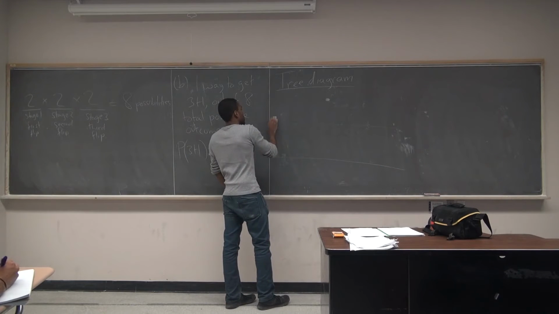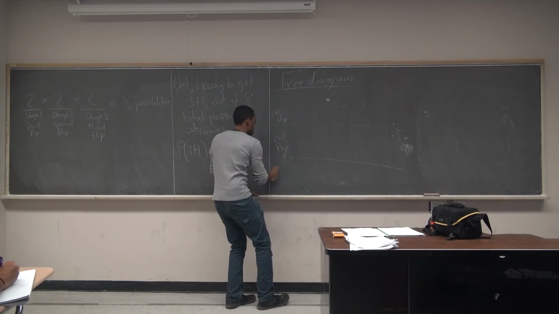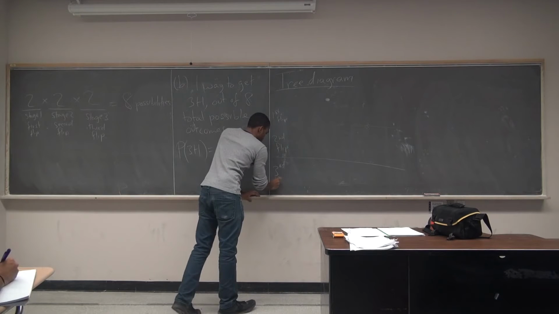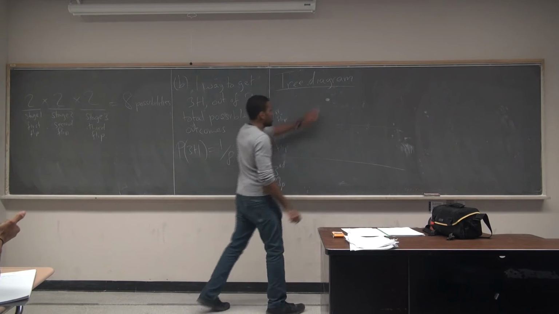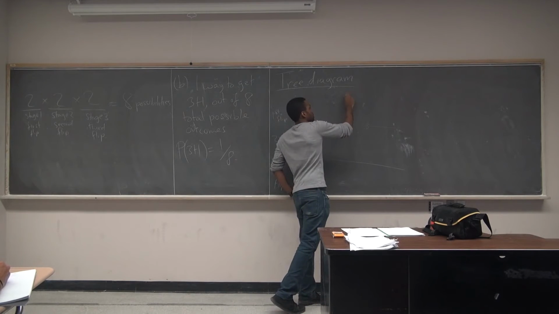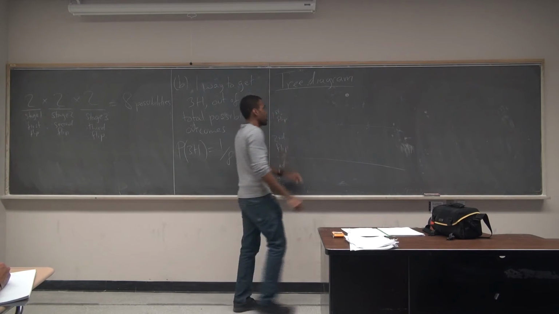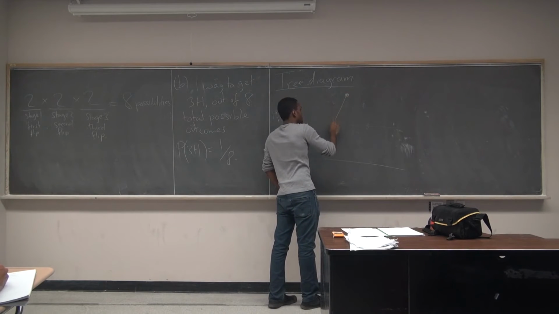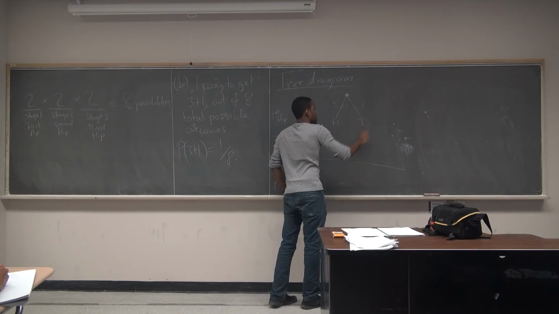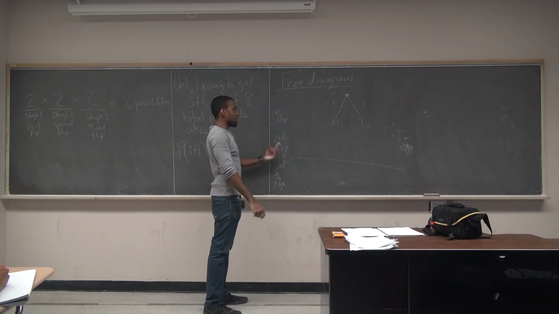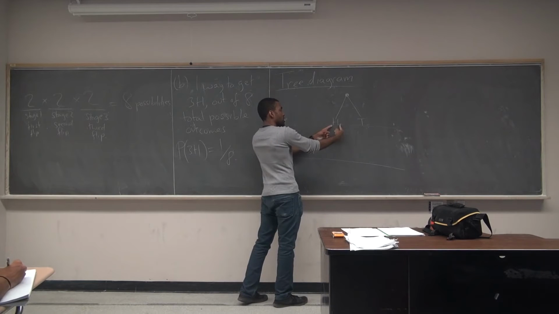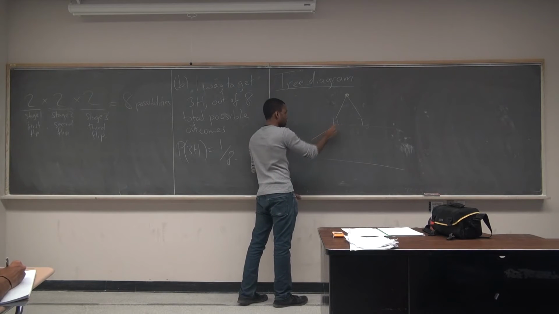So this is first flip, second flip, third flip. Now what you do is you start at a point and then you branch off for each possibility. So when you do the first flip, what are your options? You can either get an H or a T. Now on the second flip, what happens? If you got a heads first, that branches off.